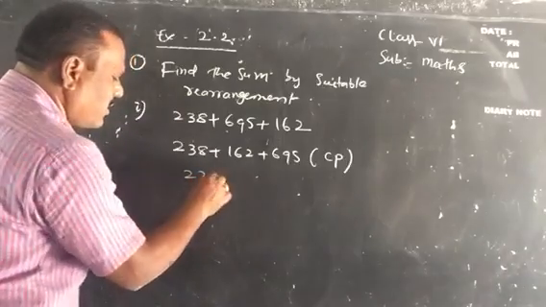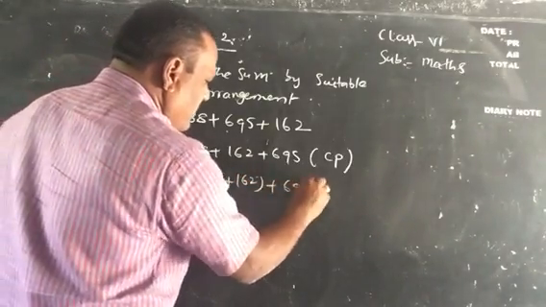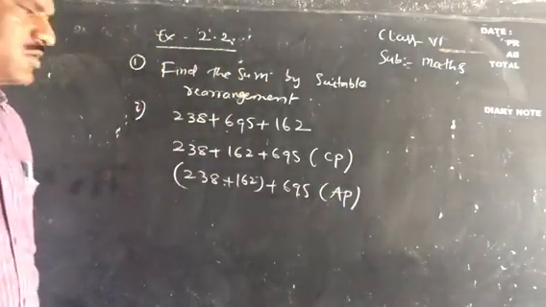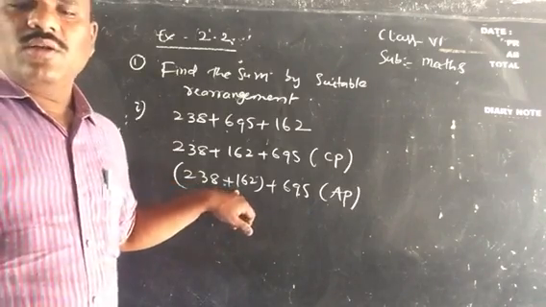Now 238 plus 162 plus 695, as per AP, associative property. So 238 plus 162, how much, children?